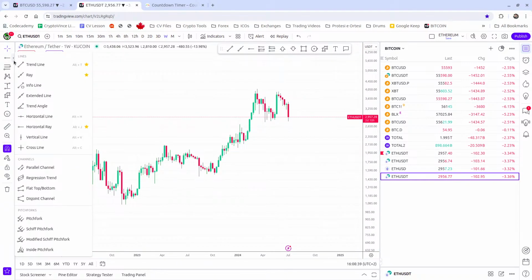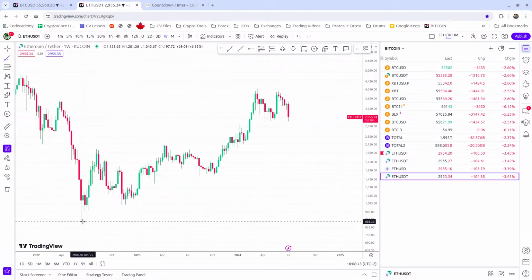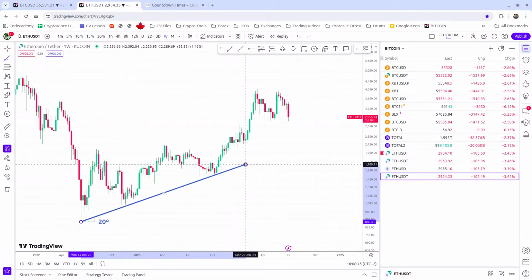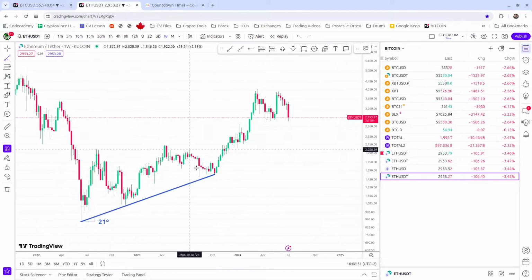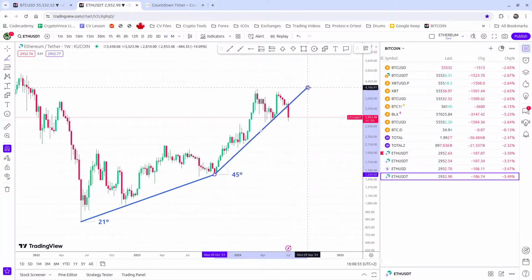Also, Ethereum was following this uptrend angle, 21 degrees, and it was going even faster on a 44 angle and broke that level.